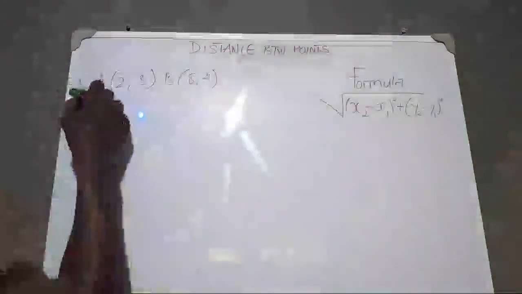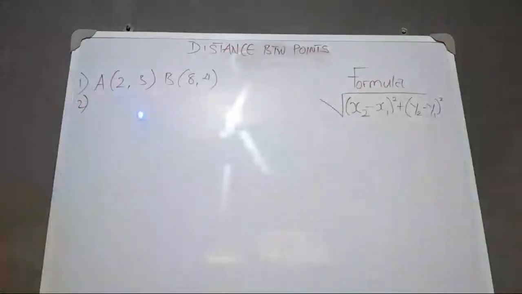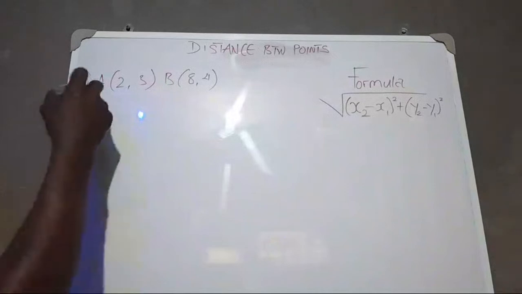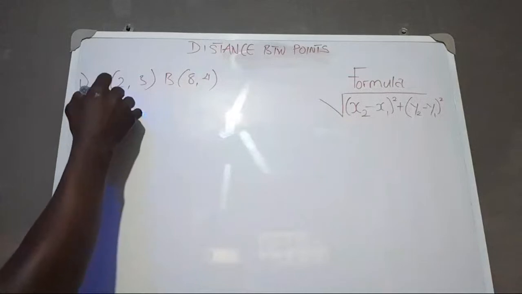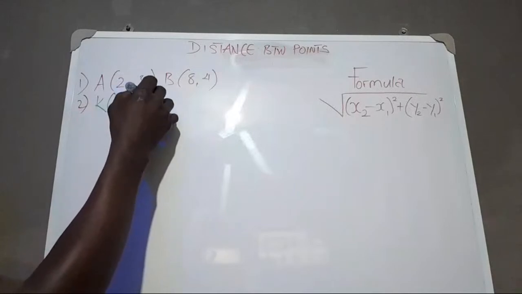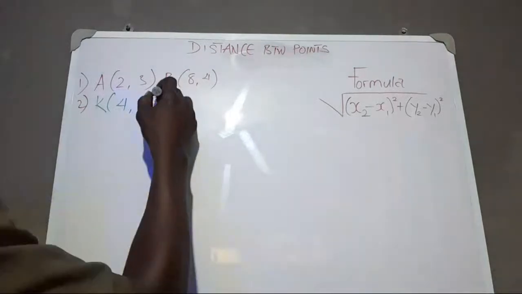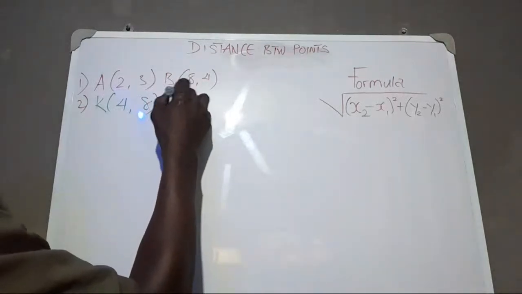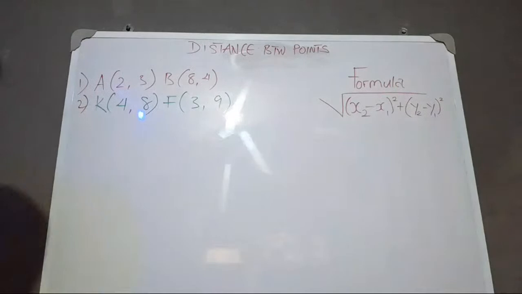Then we have points. Let's use point K as 4 and 8, and we have point F as 3 and 9. So we have that as that.